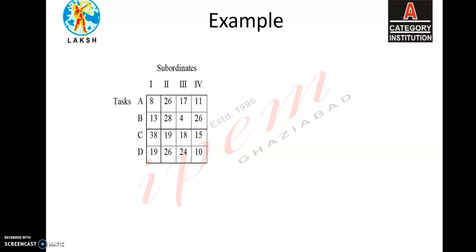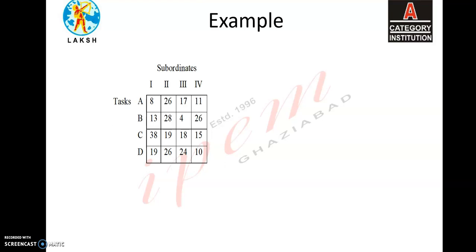So in this first row, what is the minimum cost? You can easily observe that it is 8. So according to this matrix, the first person should be assigned the task A. But we should be careful while allocating that the tasks should not intersect, since one person can do only one job.